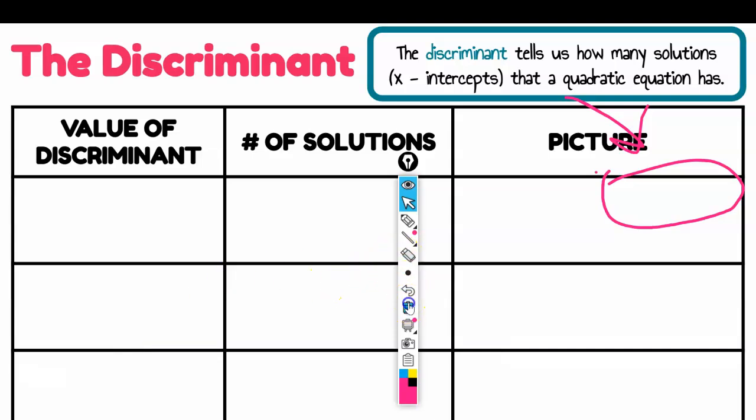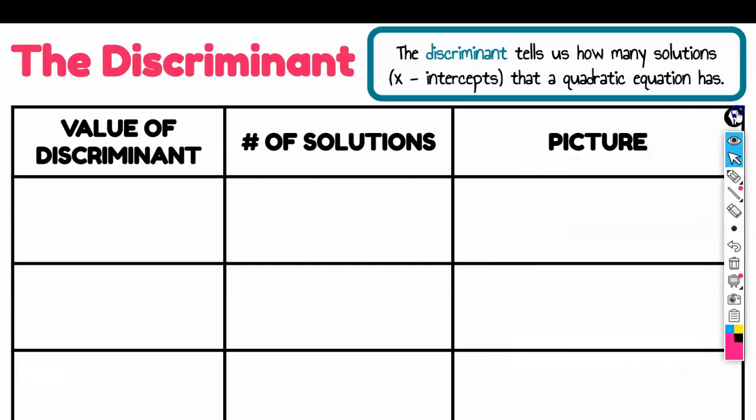So we are going to see, what does the discriminant tell us? The discriminant is going to tell us how many solutions, how many x-intercepts a quadratic equation has. So let's say we figure out b squared minus 4ac. We'll see a couple of examples of this.